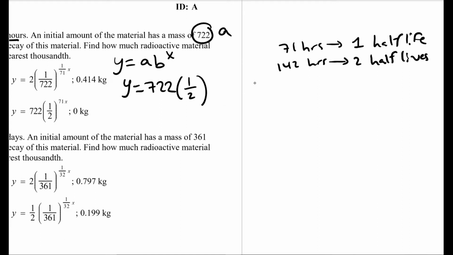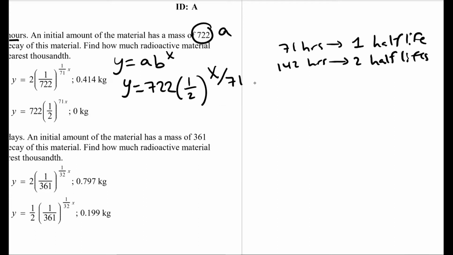So basically, if you have 1 half-life, 2 half-lives, 3, and so on, notice that if I double this, triple this, 71 hours, then that gives me more half-lives, right? So if I want to put a random exponent here, I got to take that exponent and divide it by the half-life. So if it takes 71 hours, then I know that 71 divided by 71 is going to be 1 half-life.